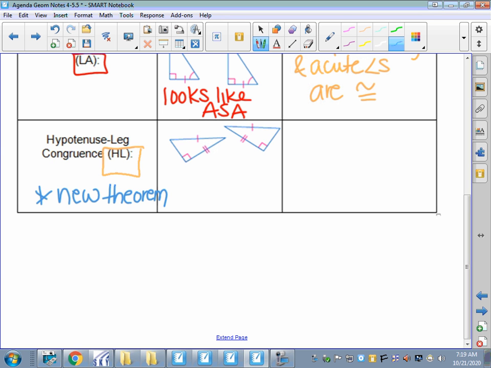So I can't say that this looks like anything because we've never learned that. It's not a thing. Don't even try to put it on your paper. In hypotenuse leg, we know in a right triangle, as long as the hypotenuse and one pair of legs are congruent.